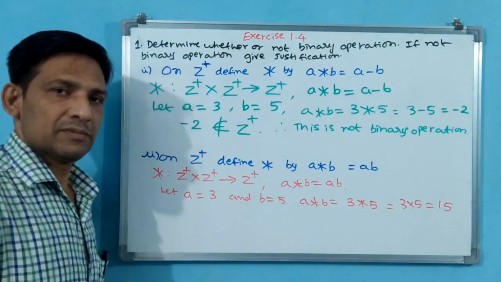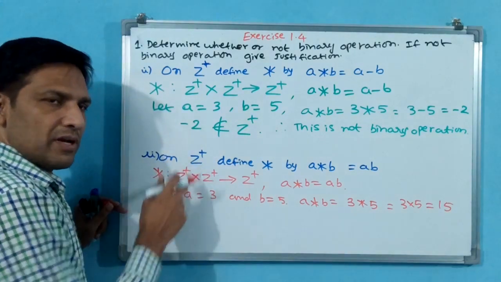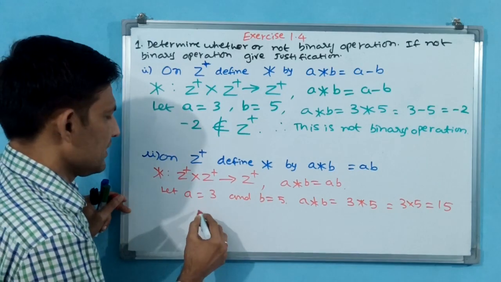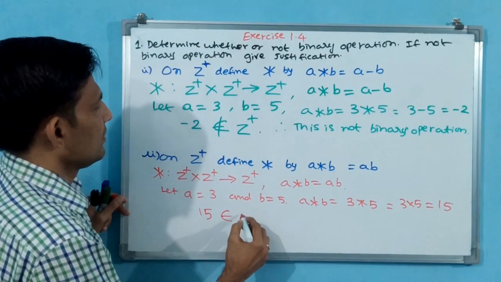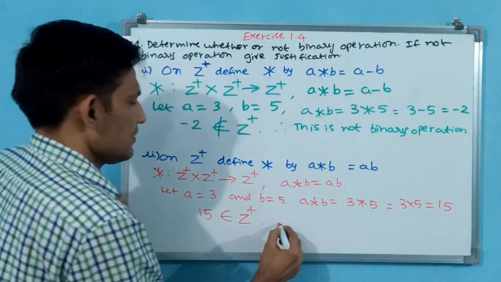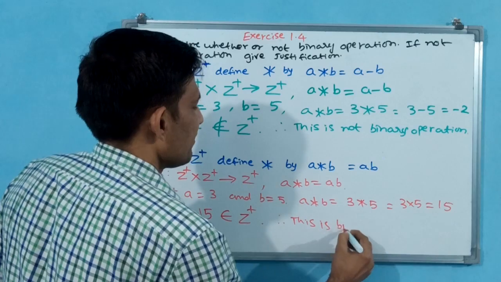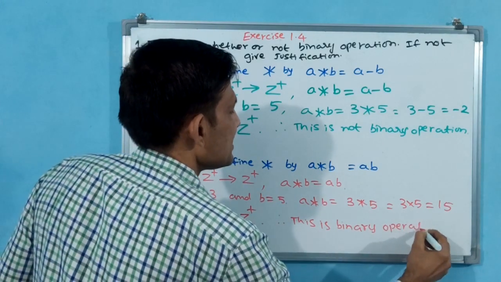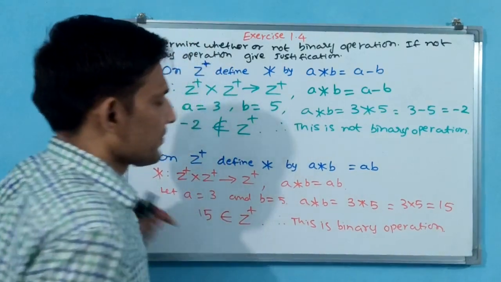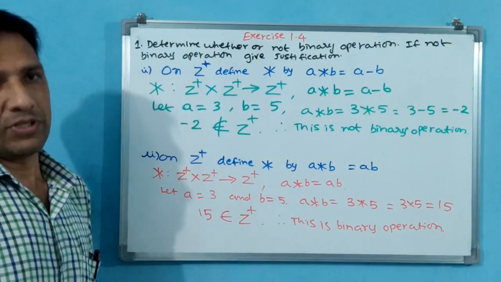Now you write like this: 15 belongs to Z plus. Therefore, this is a binary operation. Now you understand, right? Like this you have to answer the questions.